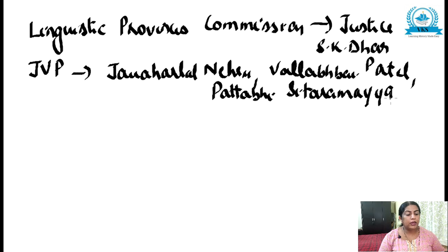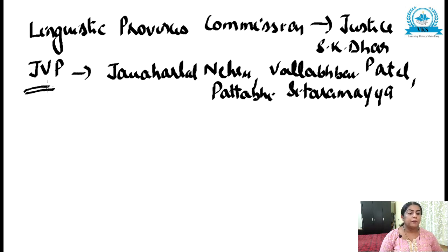This committee advised against the creation of linguistic states. So, first the Linguistic Provinces Committee was set up with Justice S.K. Dar as the head. The next committee, the JVP committee, that is J for Jawaharlal Nehru, V for Vallabhbhai Patel and P for Pattabhi Sitaramayya.